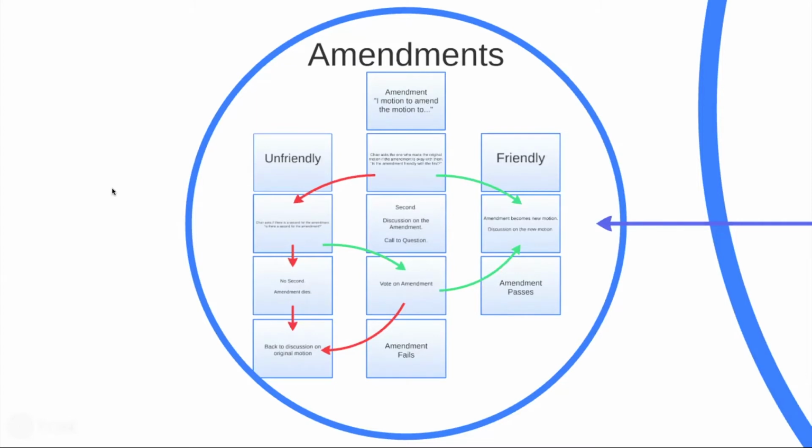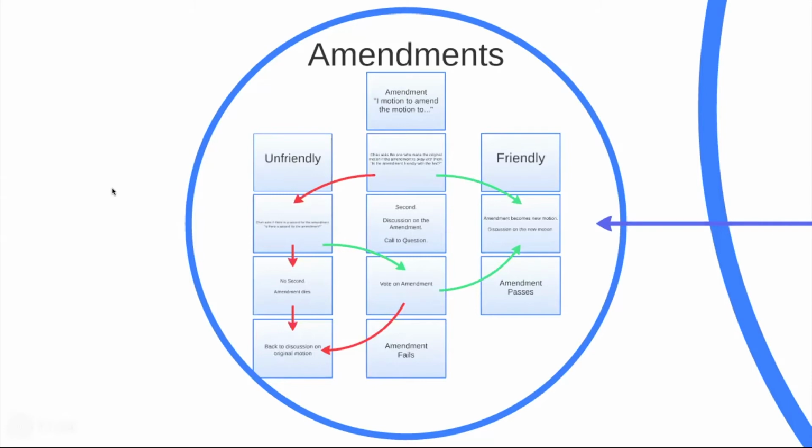You can see at the very top there is that sample language: I motion to amend the motion to... It's a little wordy, but it makes it clear that you're asking your colleagues on the Senate floor and in your committee to agree to the amendment. Every decision that is made is through a vote, and an amendment is no different.